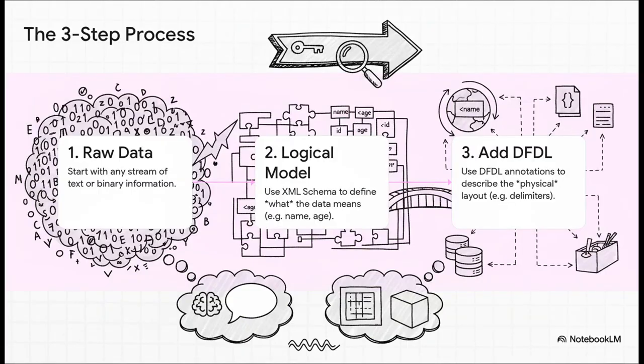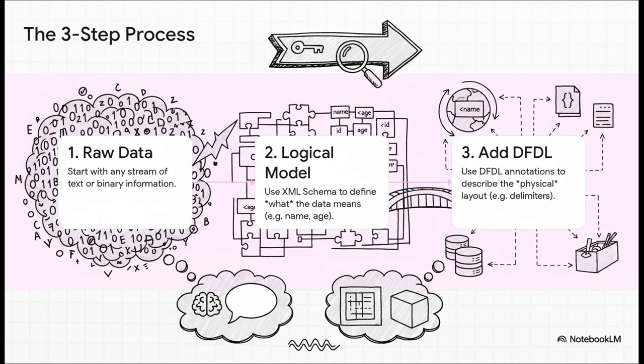So it all breaks down into a pretty simple three-step process. First, you start with your raw data, just a stream of text or binary. Next, you use that standard XML schema to build a logical model. This just defines what the data means, that there's a thing called name, a thing called age. And then you add the DFDL magic, annotations that describe the physical layout.